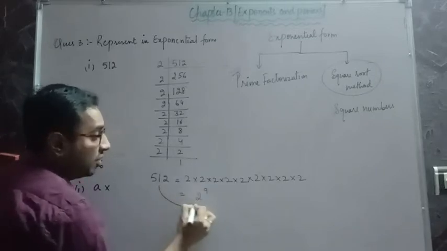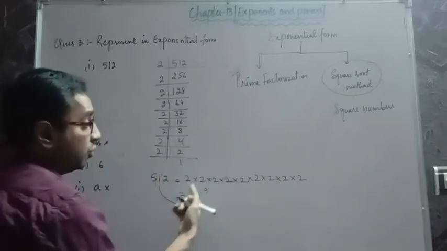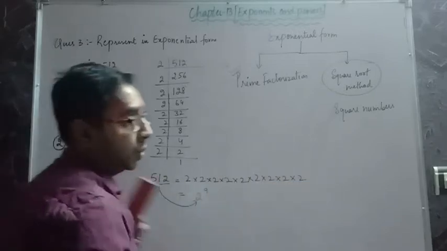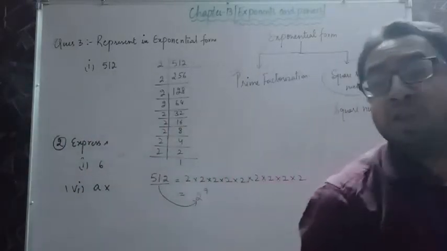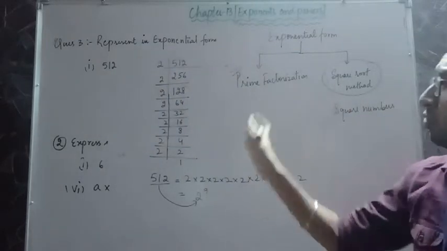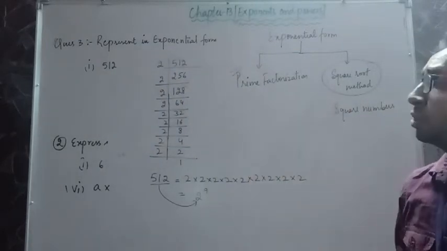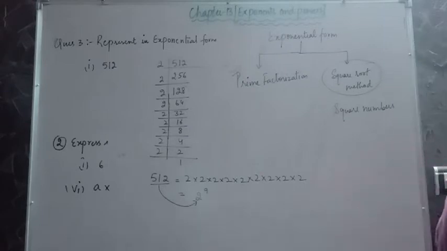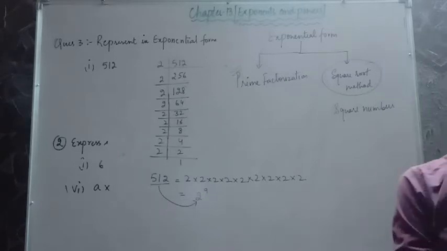So 2 raised to power 9 means 512. If you multiply this, you'll be getting 512. This is the exponential form of representing numbers. Are we clear? So you'll be following the prime factorization method for solving such questions. Any doubt anyone is having in this question? Next, question number 4.